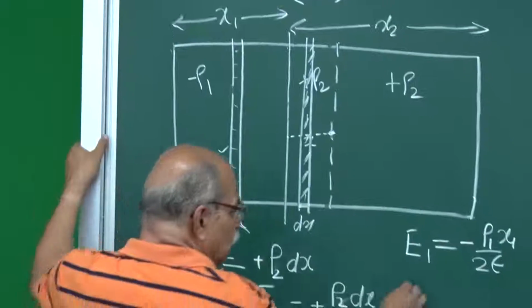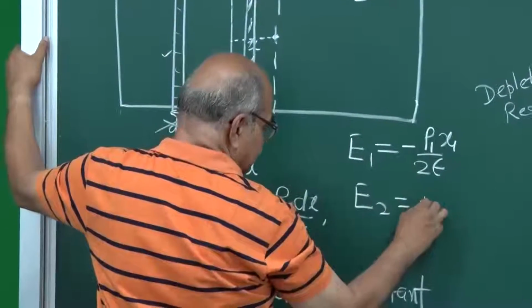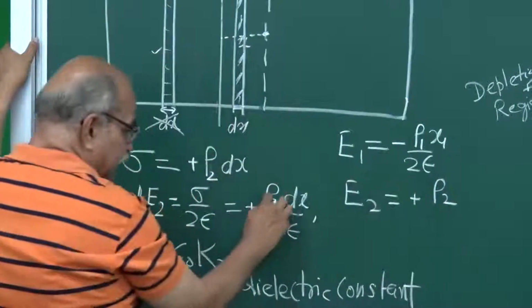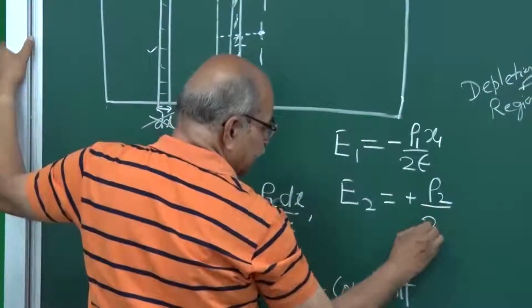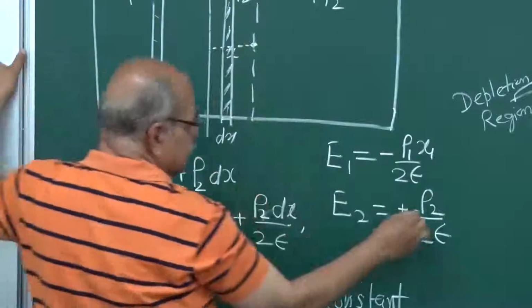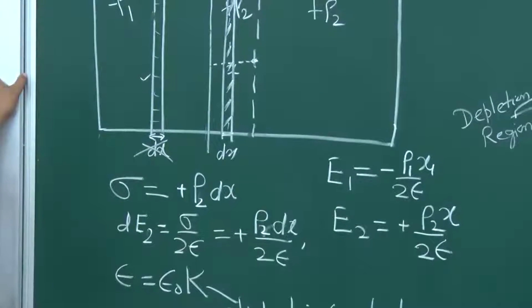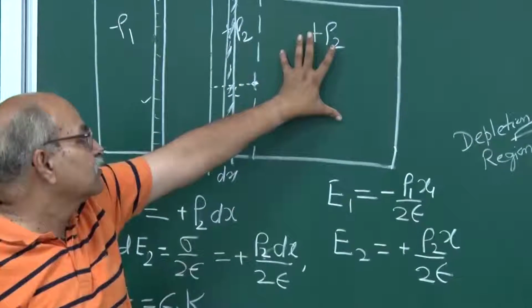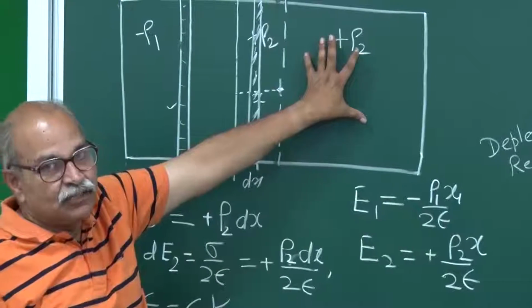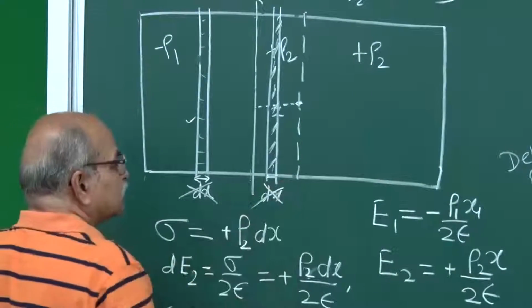So E2 is equal to plus rho 2 divided by 2 epsilon, and then this dx is integrated from here to here, which is just x. What remains? The electric field due to this part. So let's calculate that also. This dx is also over.